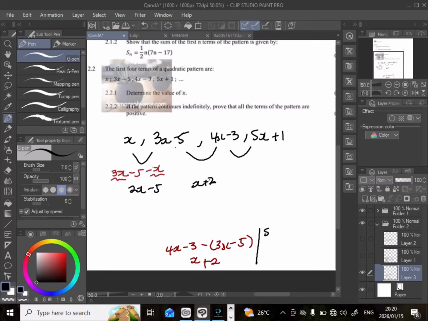Now for the next one, it's 5x plus 1 minus 4x minus 3.